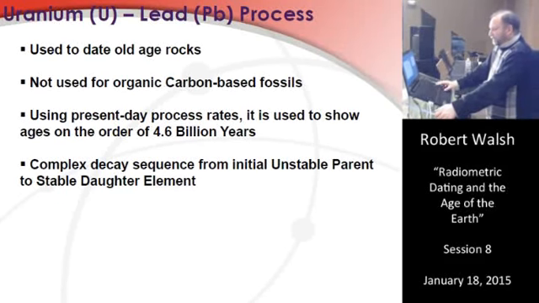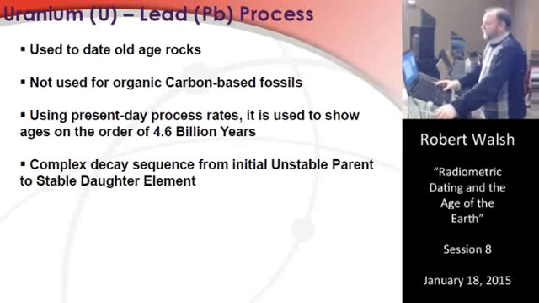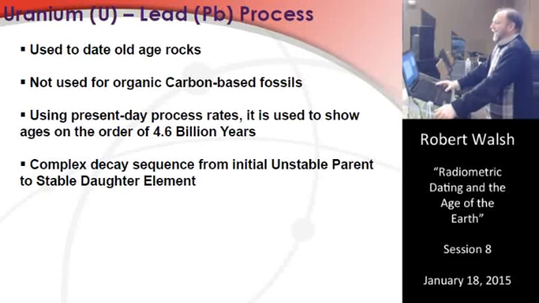It's using present-day process rates, of course, and it's used to show ages on the order of 4.6 billion years. So if our presupposition is that uranium has decayed similarly over the eons of time, then its half-life is 4.6 billion years.